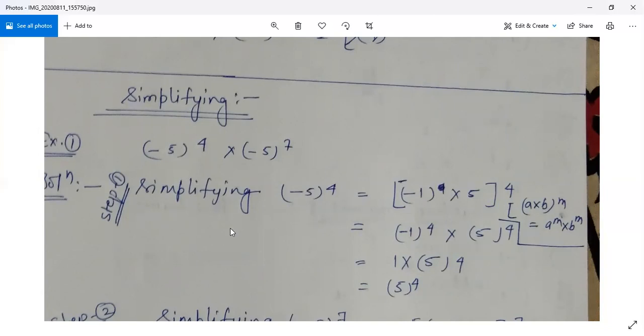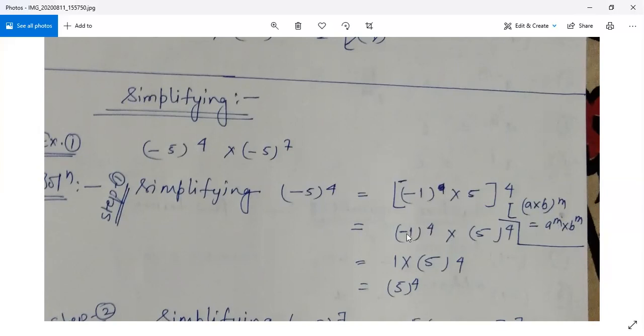So using that formula, we will separate this as (-1 into 5) whole to the power 4. Then using the formula that (a into b) whole to the power m is equal to a to the power m into b to the power m, you will get the value as (-1) to the power 4 into 5 to the power 4.